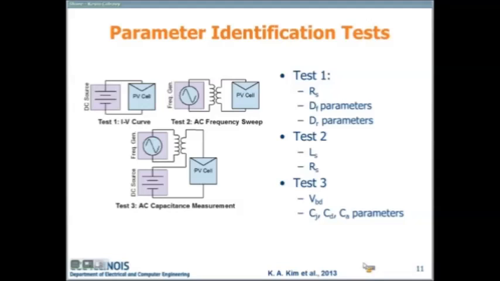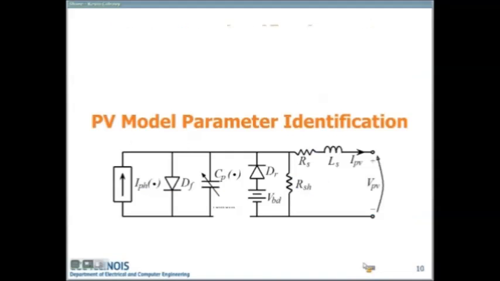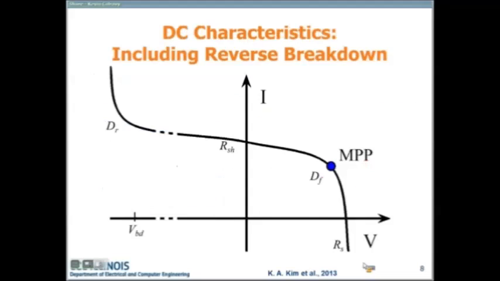Yes. Does a small change in RS have a large effect, or a pretty small effect in your total modeling of the cell? If I understand the question correctly, the RS value mostly affects this angle right here. If you have a large RS, it will slope out this way.